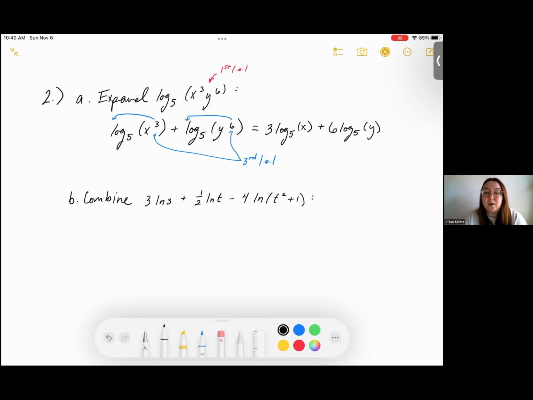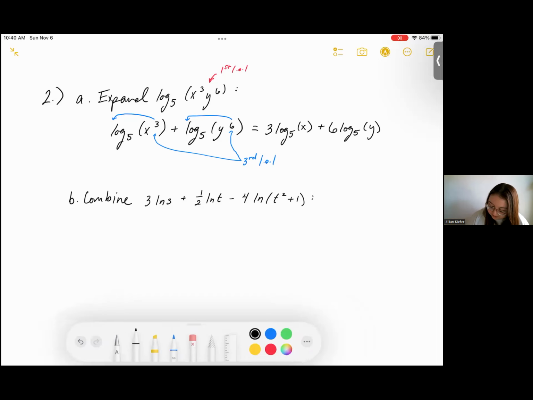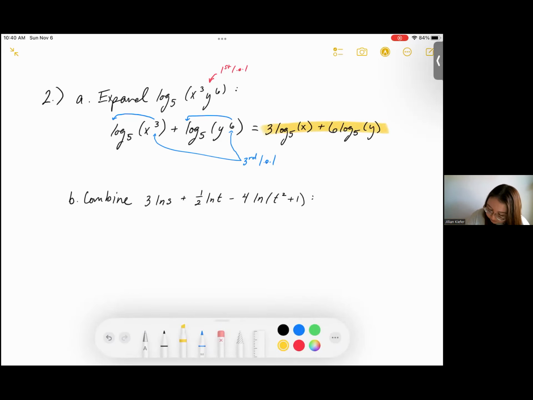And looking at our two logarithmic terms, we see there's no more multiplication within the logarithm, there is no more division inside the logarithm, and there are no more exponents inside the logarithm, which means that we have successfully expanded our answer as much as we possibly could. So that would be our answer for part A.